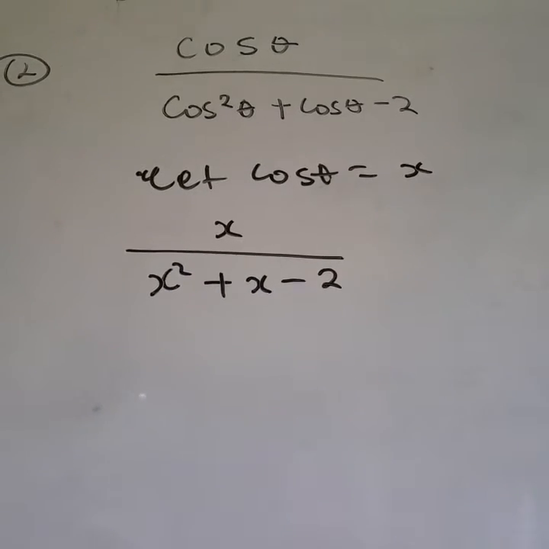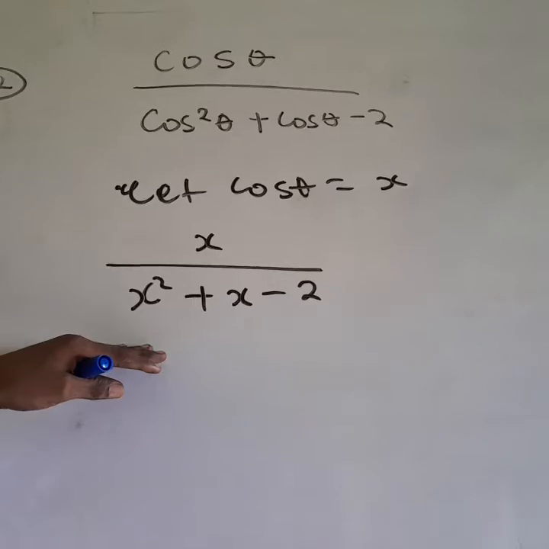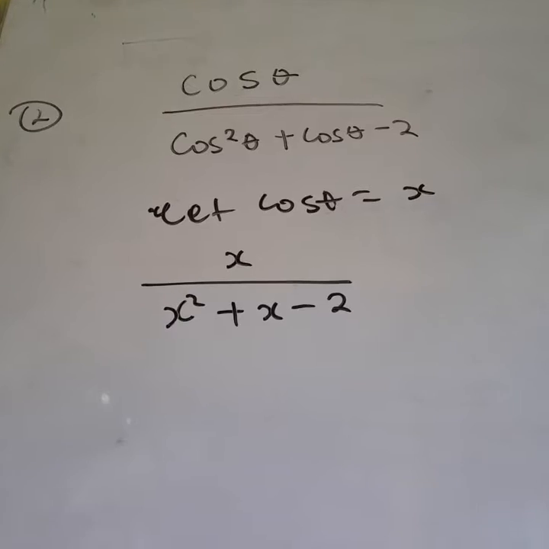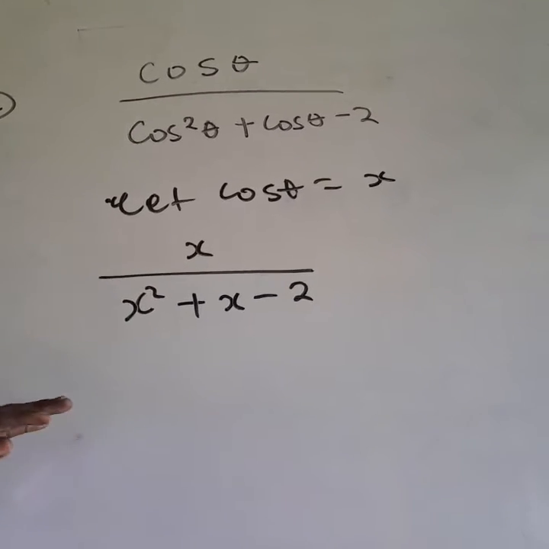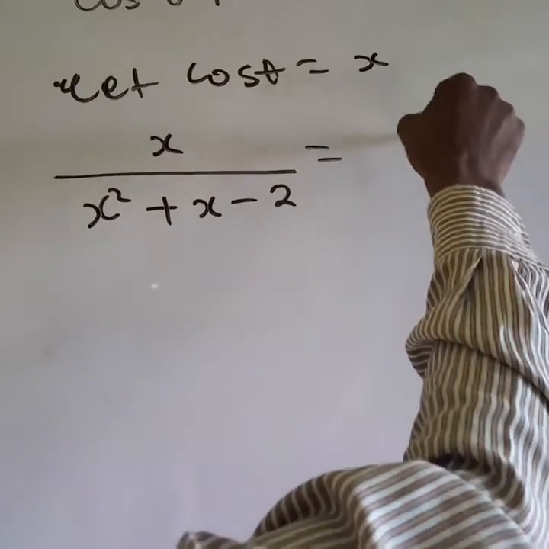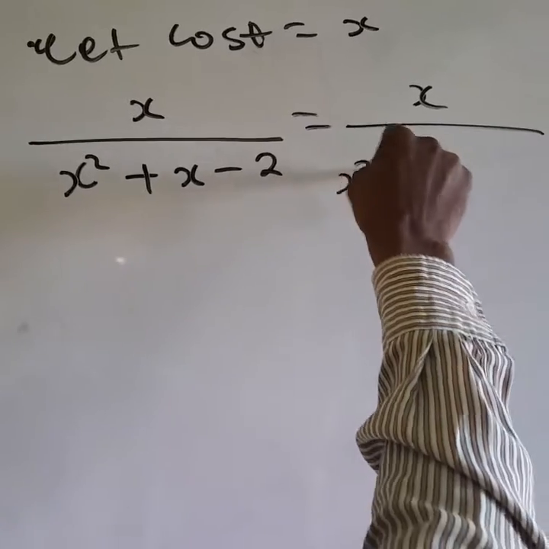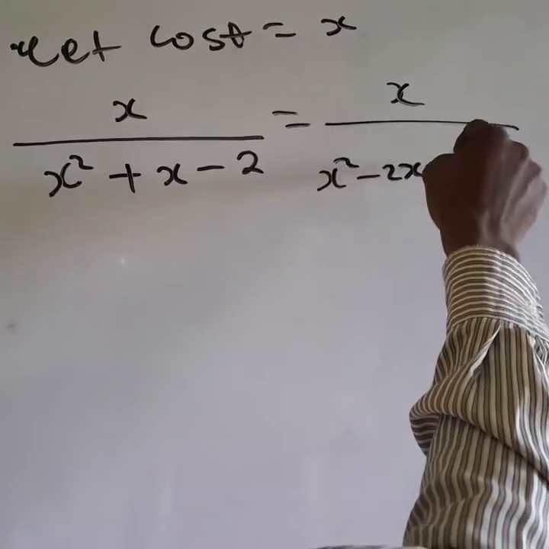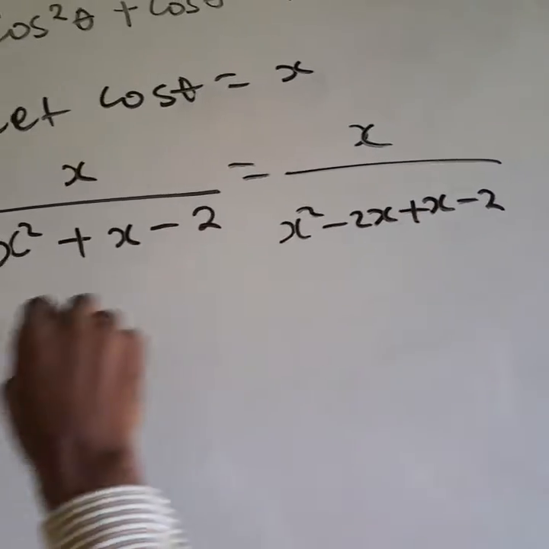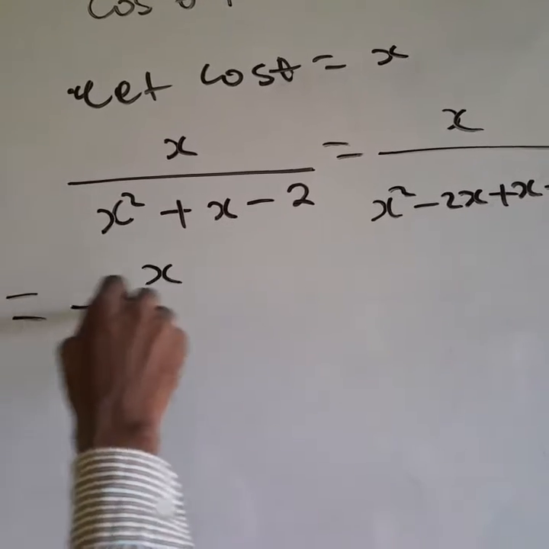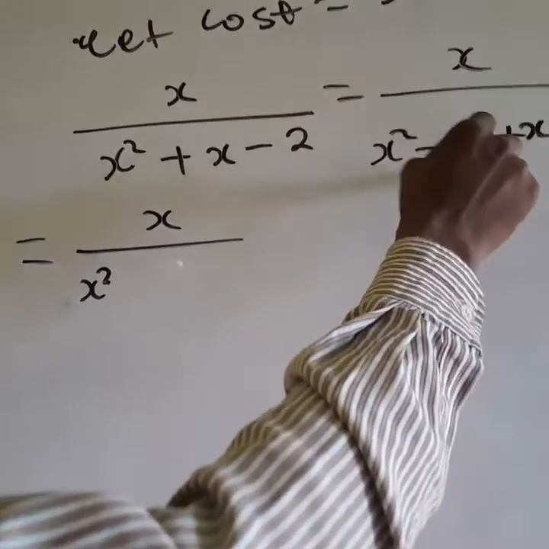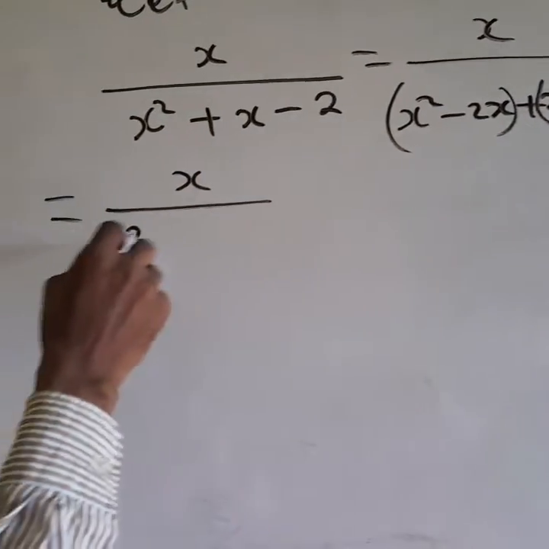If you have this, you have to factorize it. Use the factorization method to factorize this. So we can factorize this, which will give us x all over x squared minus 2x plus x minus 2. Group it here.